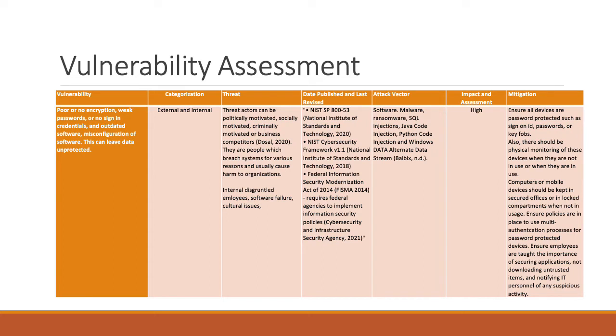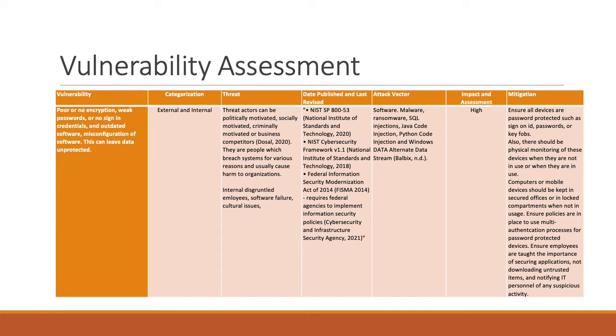Mitigation factors can include ensuring that all devices are password protected with a sign-in ID, a strong password, or some type of key fobs. Obviously, a multi-factor authentication process is best, so it's also good to use it as a mitigation factor in order to protect systems.